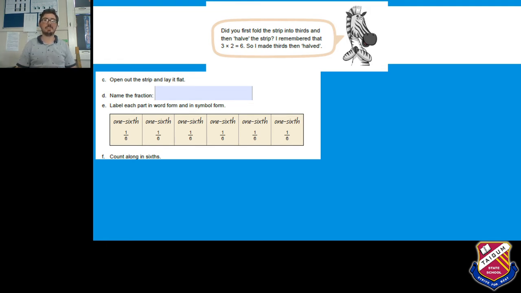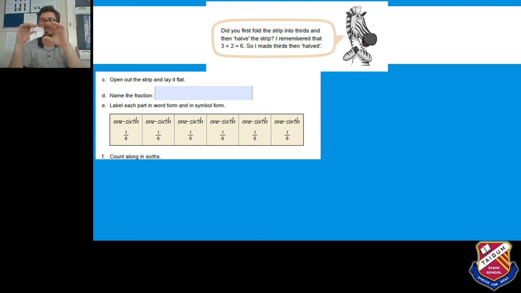Yes, that fraction is 1/6. On mine, I'm running out of room because I've got a highlighter. I'm going to just put the symbol form. I want you to put on yours the symbol and the word form. Also, I'm trying to be quick so I don't hog up all the YouTube time. And there you go, that's how mine looks.